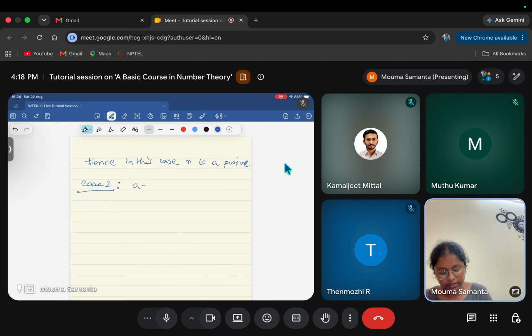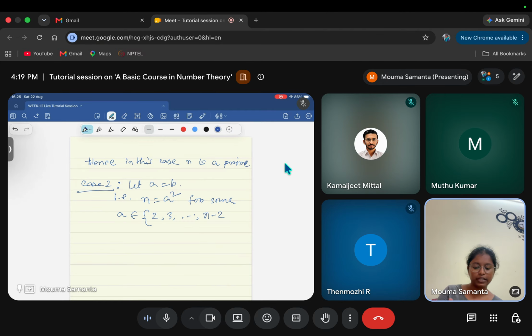Let n equal ab and a equal to b, that is n equals a square. So now we are considering n to be a composite number of the form a square for some integer a belonging to the set 2, 3 up to n minus 2.